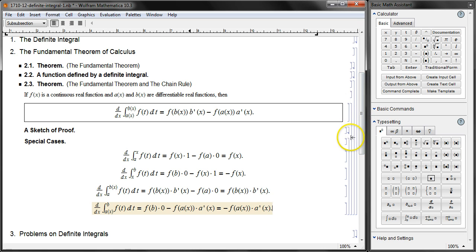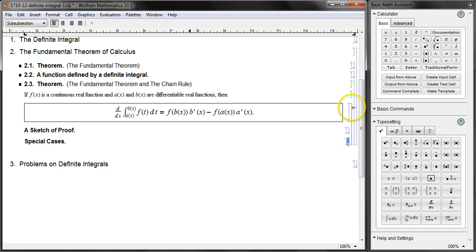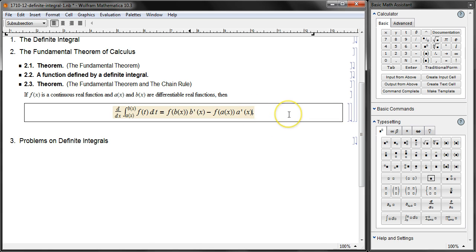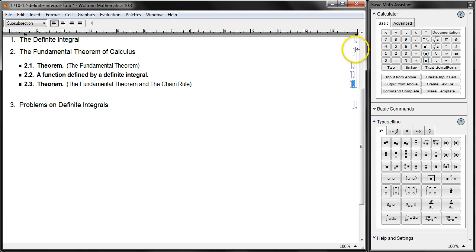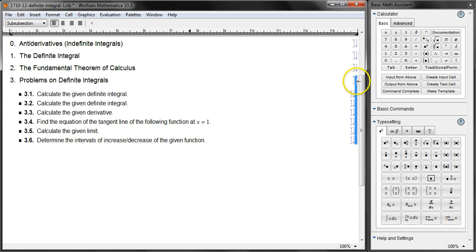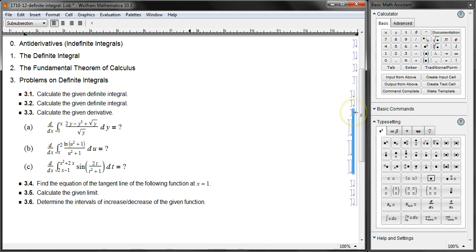Those are special cases. The general case, on the other hand, is something you'll have to remember, and let's talk about how to utilize these. Like this. Let's calculate this derivative. One way to do that is, of course, to calculate the antiderivative function and then take the derivative of that.